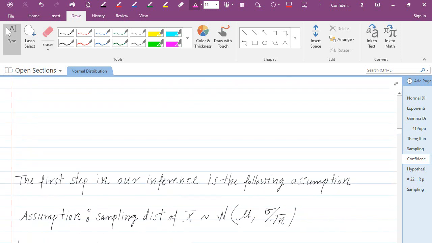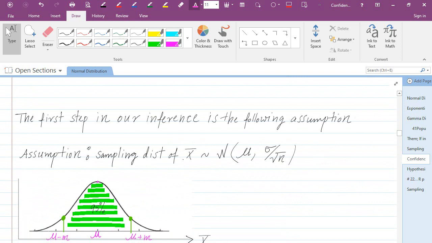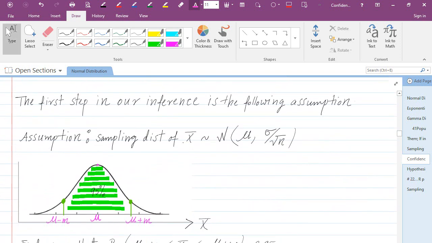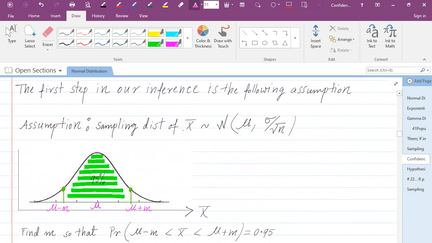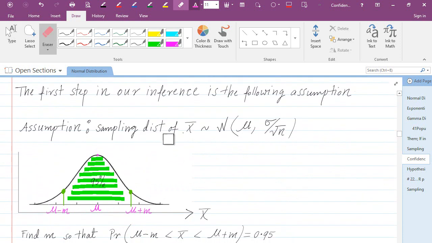So the first step in our inference then is the assumption that the sampling distribution of x bar is normal with the mean equal to the population mean and standard deviation equal to the standard deviation of the population over the root of the sample size.